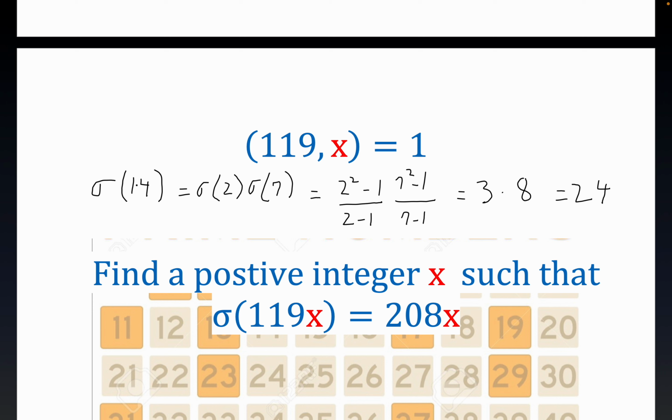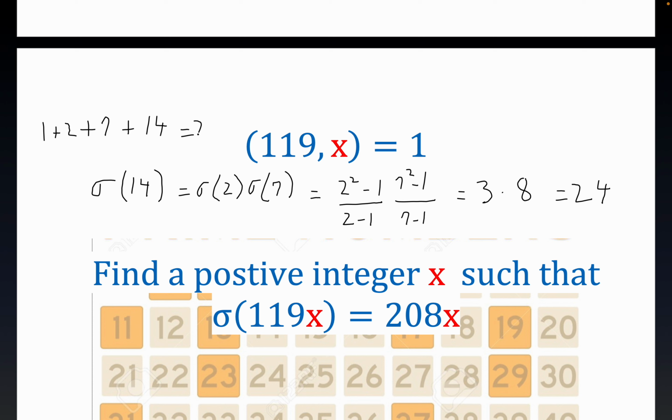All of the divisors of 14, we need to add them up, so that would be 1 plus 2 plus 7 plus 14. Those are all the divisors of 14. You can see 14 plus 7 is 21, plus 2 is 23, plus 1 is 24.